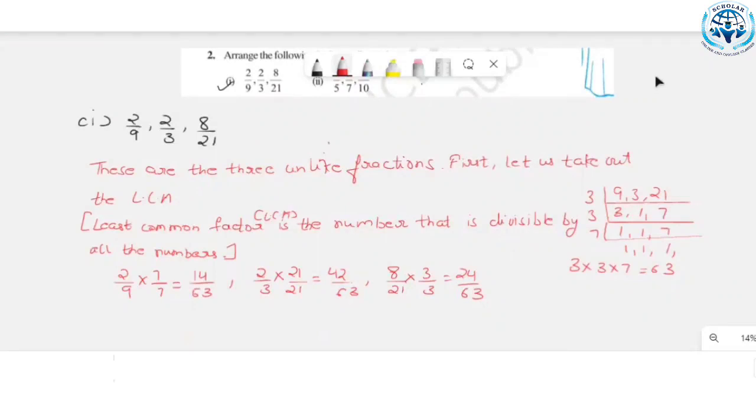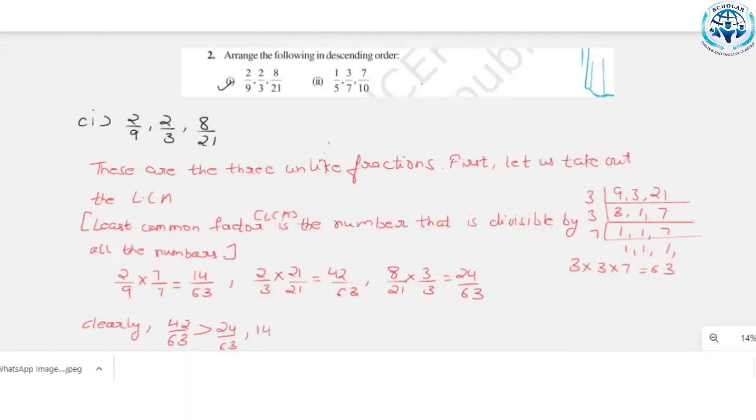Now it is easy to see which one is the largest. Denominators are the same. The fraction with the largest numerator is the largest fraction. 42 by 63 is the largest one, so we can easily decide the descending order.